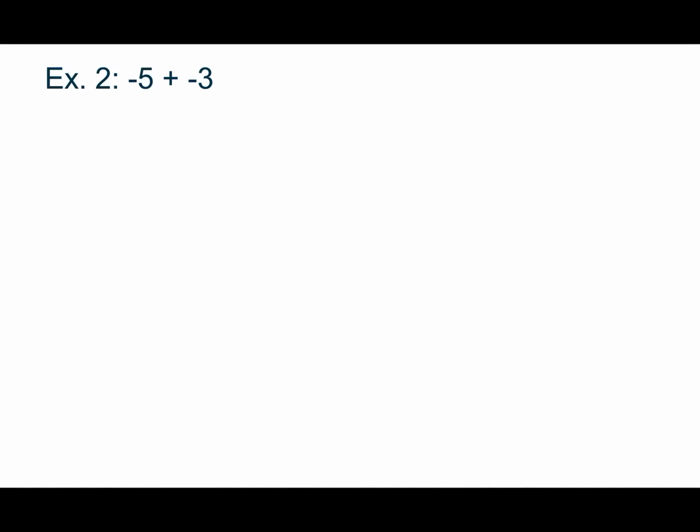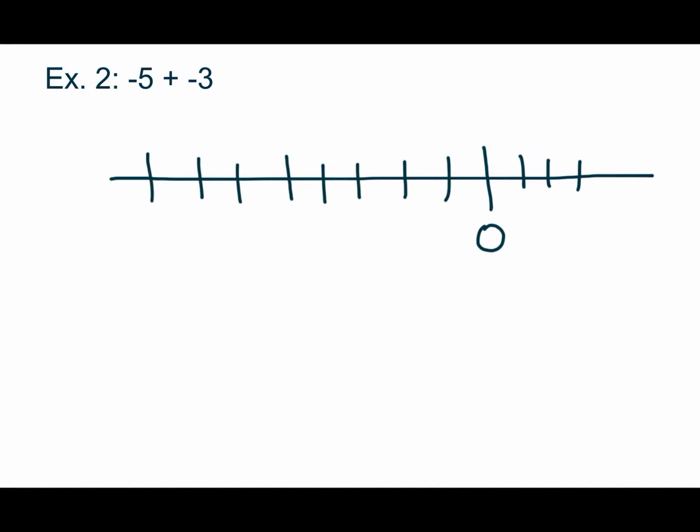All right, here's our second example. What is negative 5 plus negative 3? Again, let's draw our number line. I'm going to put 0 over here. And I'm going to start at negative 5, which is right here. And I'm adding negative 3. So when I add a negative number, I go this way on the number line.